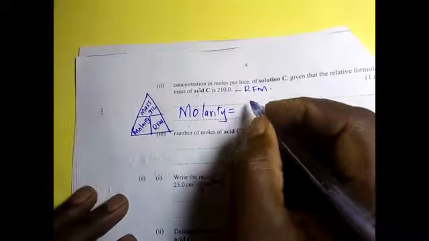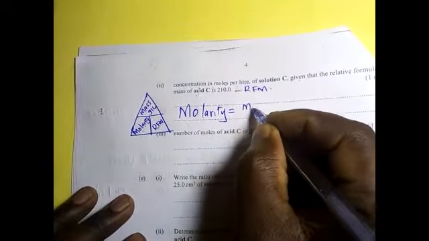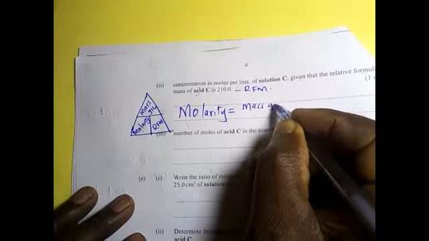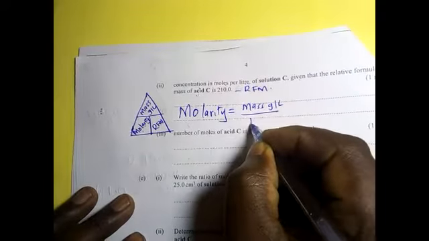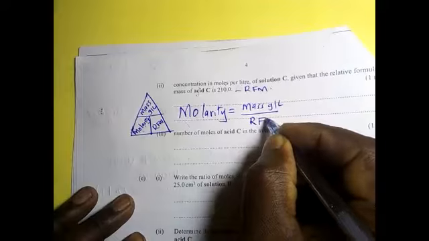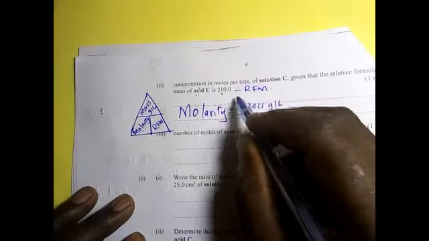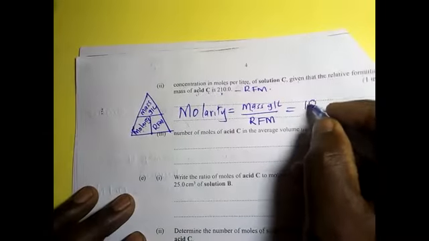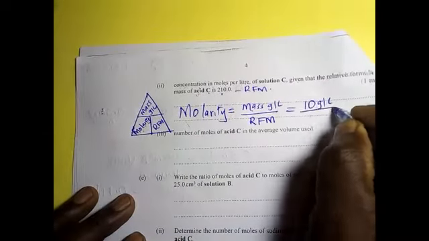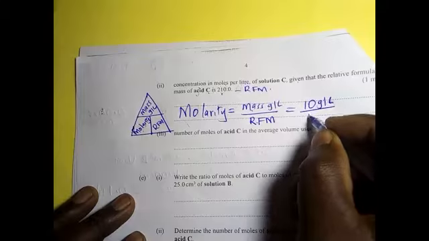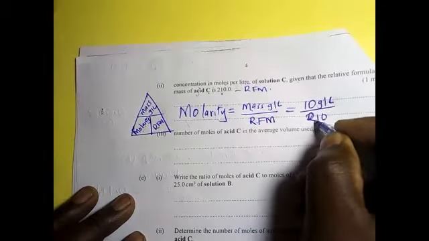Molarity is equal to mass in grams per liter divided by RFM. The mass that was dissolved to form solution C was 10 grams per liter, and the RFM is 210. So 10 over 210.